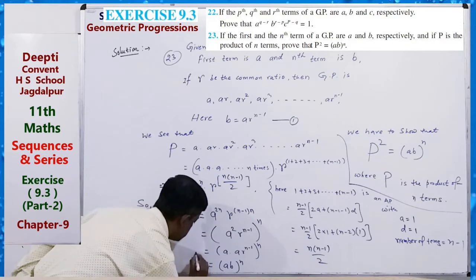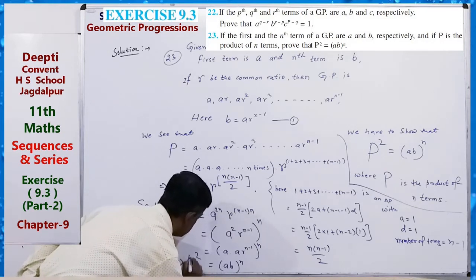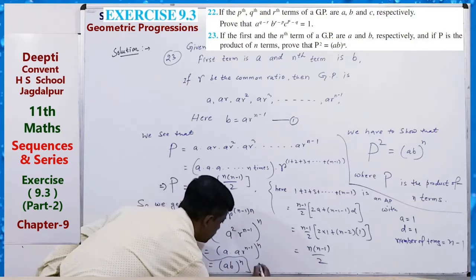The n is outside; A square means this. So P square equals this. Hence proved.